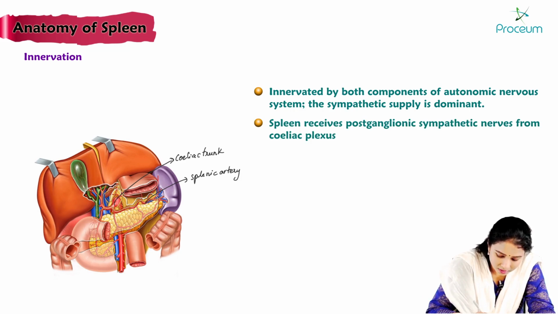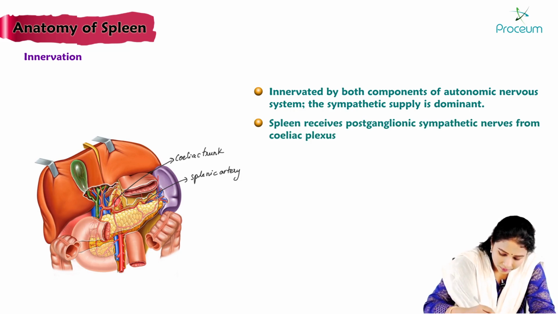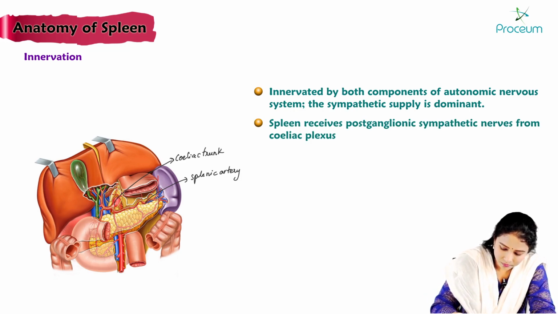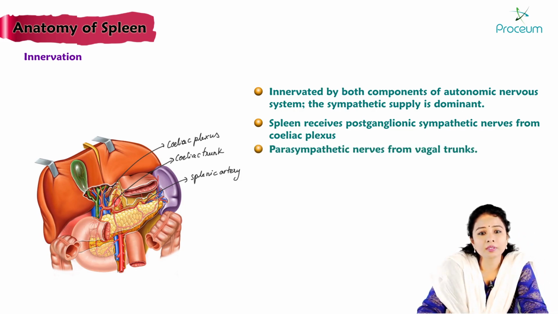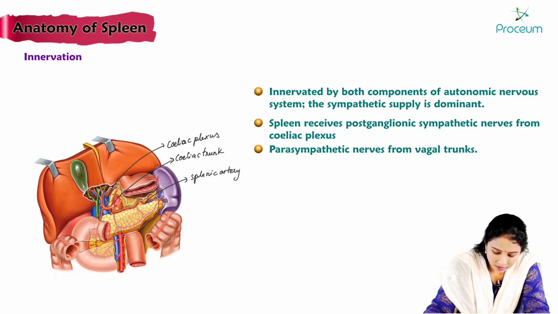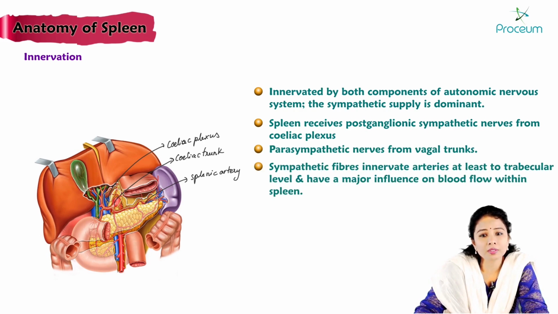So celiac plexus are around the celiac artery, and parasympathetic nerves from vagal trunks. So parasympathetic nerves is by vagal trunks, and sympathetic fibers innervate the arteries at least to the trabecular level and have major influence on the blood flow within the spleen.